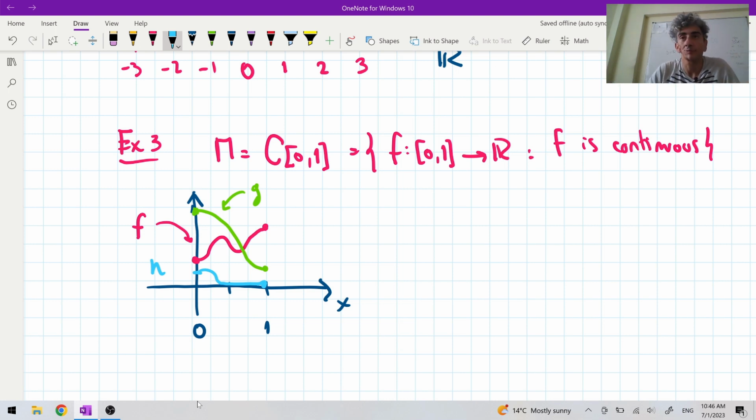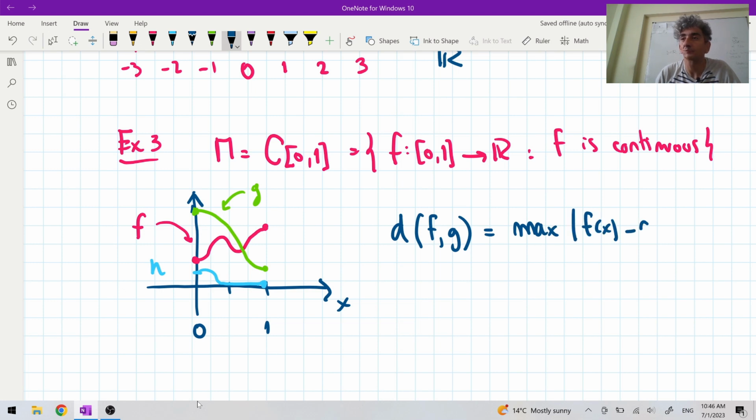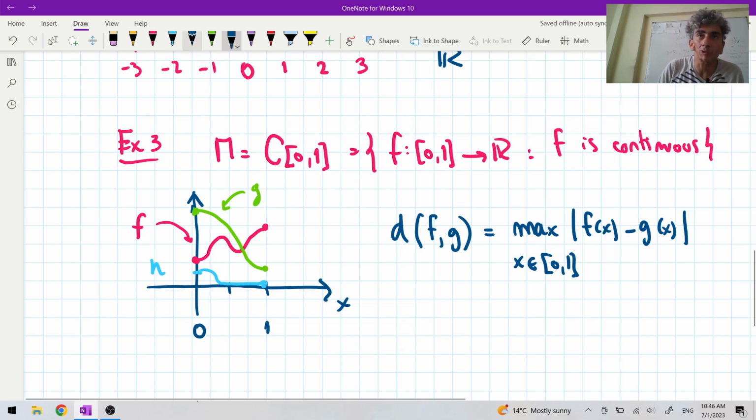And for instance, a distance function that we can define here is going to be calculated as the maximum of the absolute value of the difference between them. Well, this is, first of all, well defined.